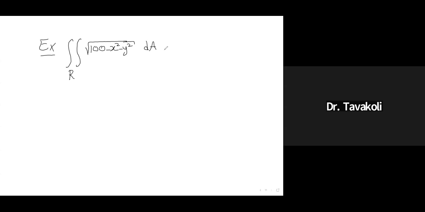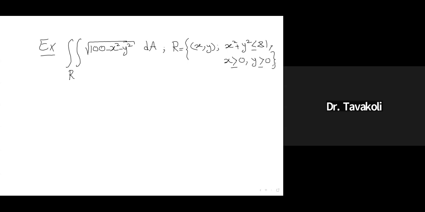And the region that we are considering for the integration, this region is a little bit different from the previous one. It's still inside a disk, but not the entire disk. So the disk is x squared plus y squared is less than or equal to 81. But we have an extra condition: x and y both must be positive.